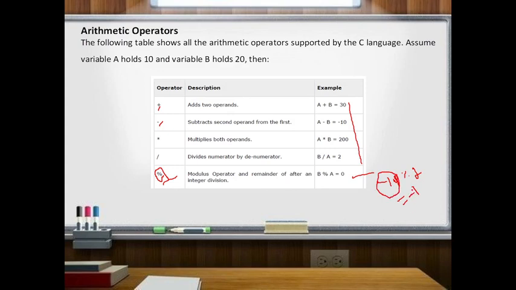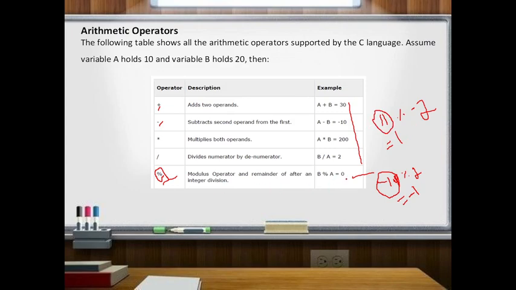Suppose if I use -11 mod 2, or 11 mod -2, then what will be the result? It is 1 only. The sign of the result will always be that of the left hand side operand. So you need to remember this.